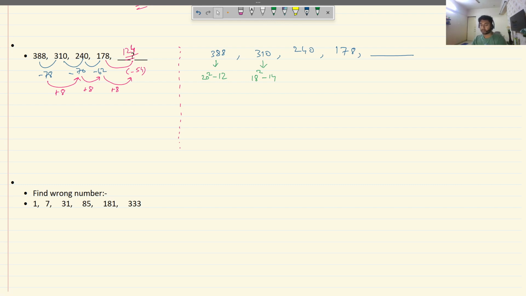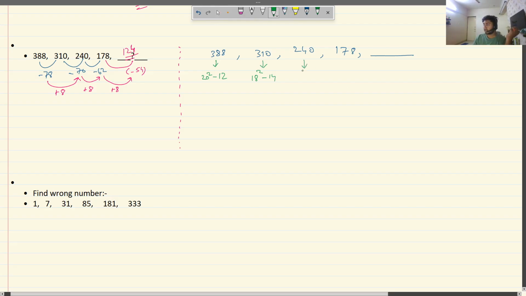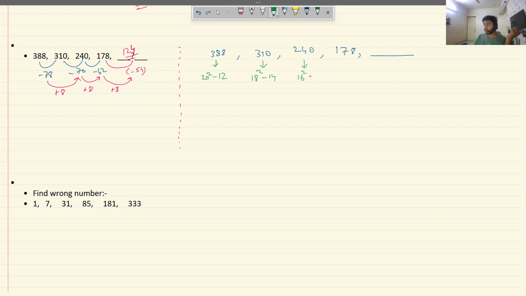What is 18 square? 18 square is 324. 324 minus 14 is 310. 240 is 16 square minus 16. 16 square is 256. 256 minus 16 gives us 240. 178: 14 square is 196. 196 minus 18 gives me 178.